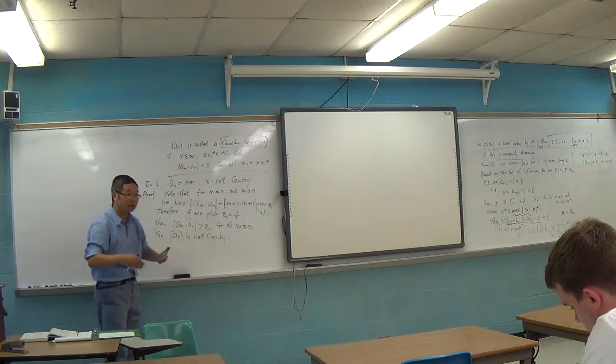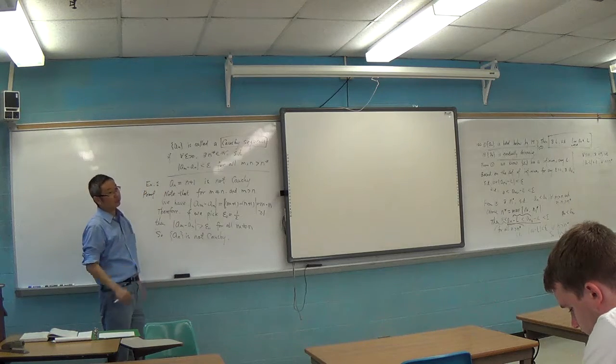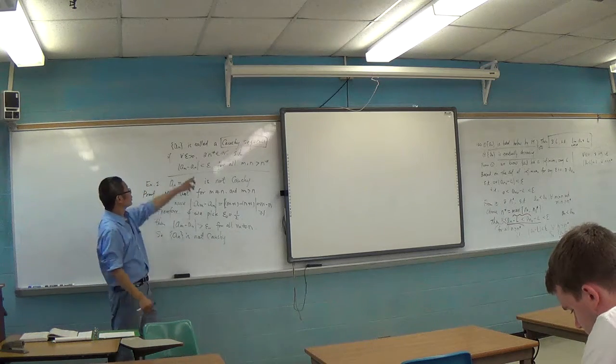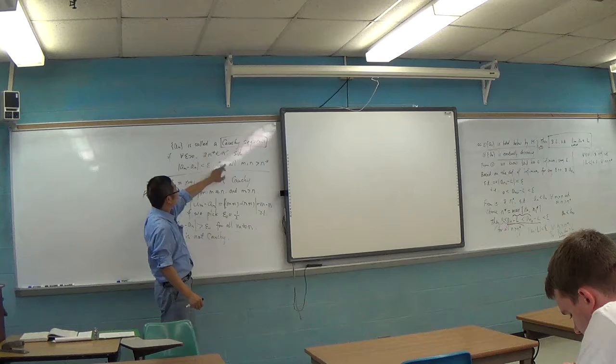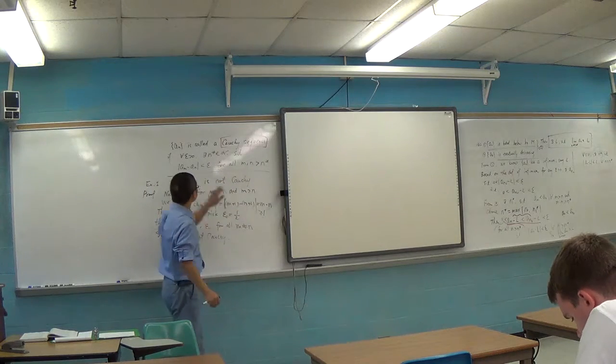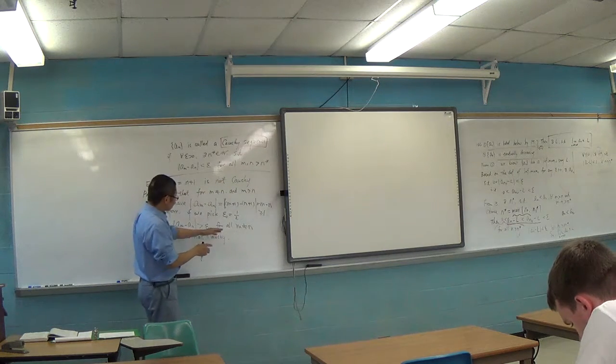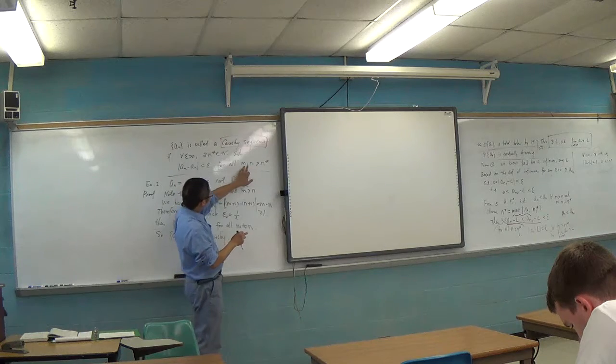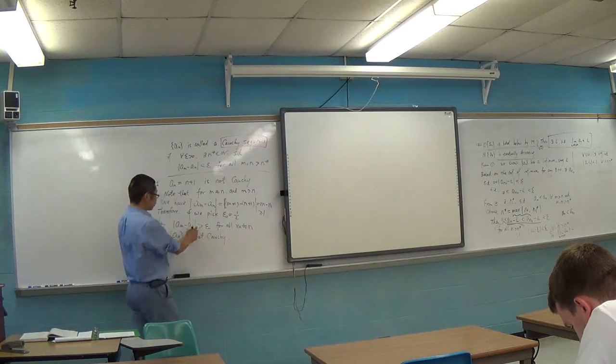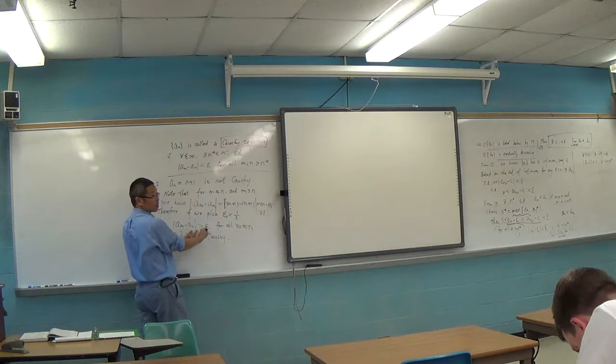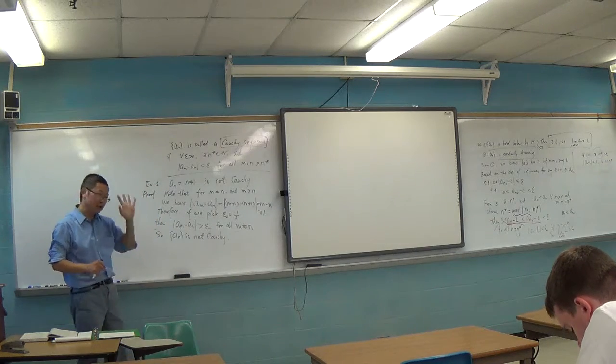Therefore, what I obtained violates the definition. Here you say there exists n star, then when n is greater than n star, this is true. But whenever m and n are not equal, this will be greater than this epsilon 0 for this specific one. So this violates it. So it's not Cauchy. Okay.